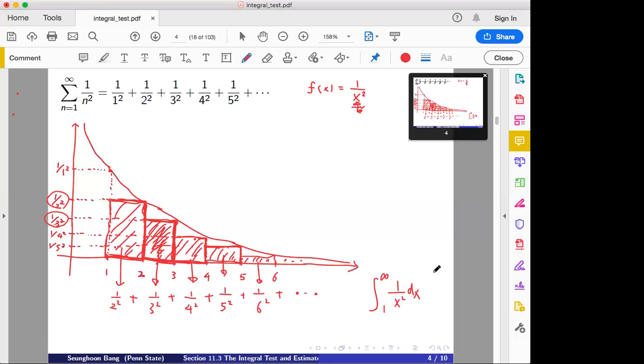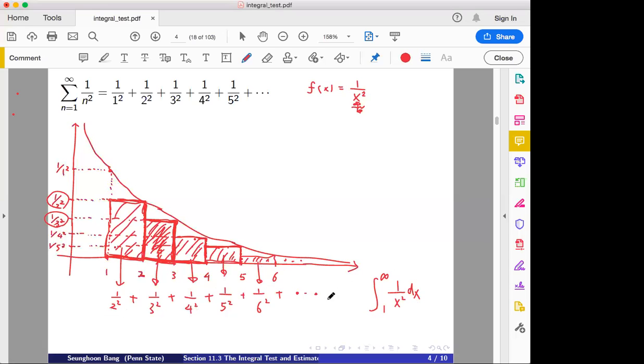Which one is bigger, the sum of the rectangles or the improper integral? What do you think? The improper integral is bigger.